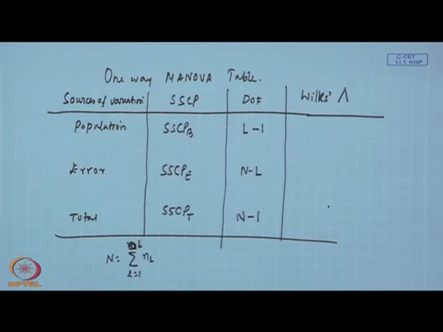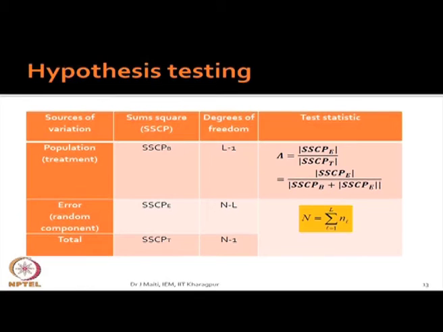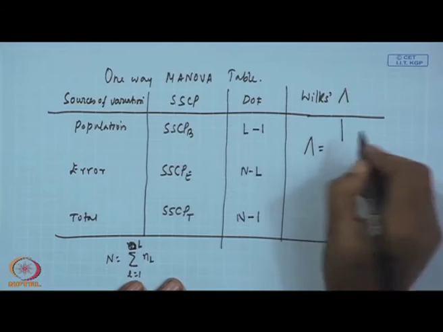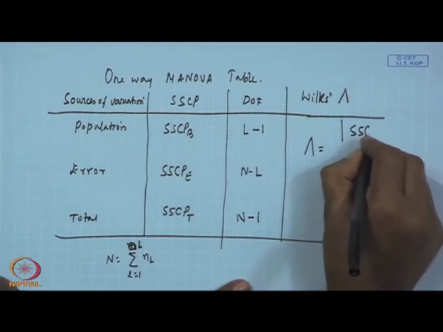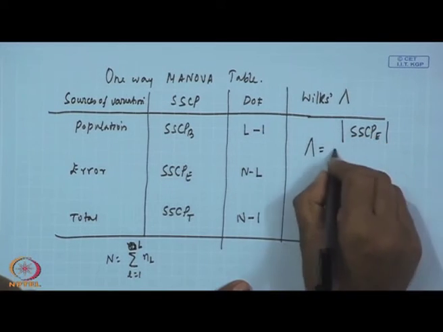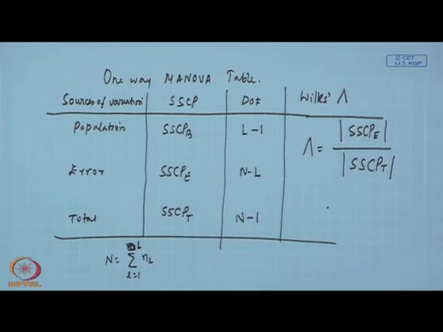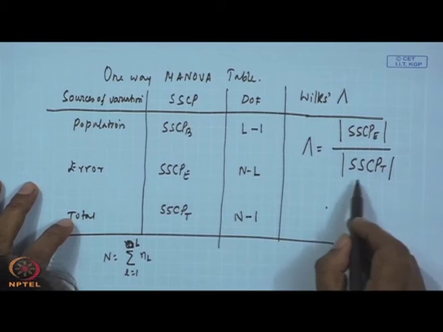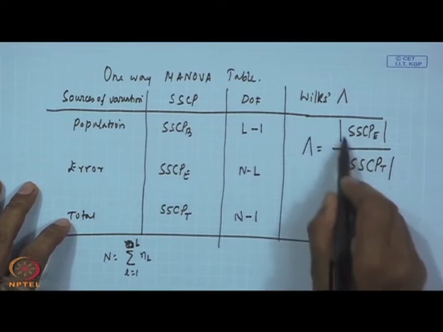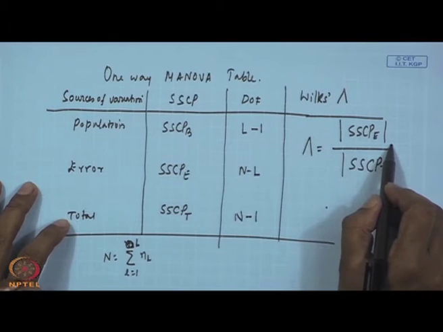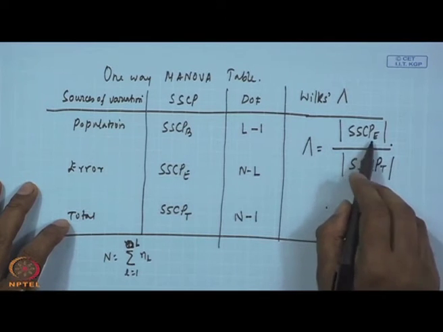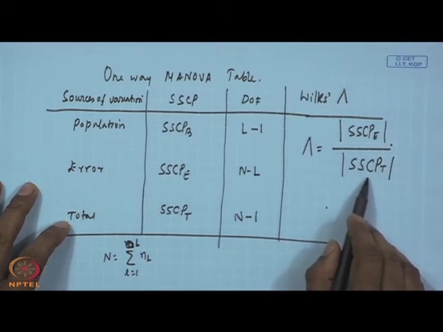Okay. This Wilks lambda ratio we will be computing, where Wilks lambda is determinant of SSCP error by determinant of SSCP total. And what we want is that this determinant of SSCP error must be as low as possible compared to the total.